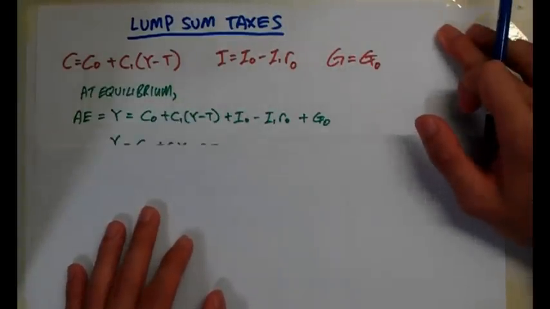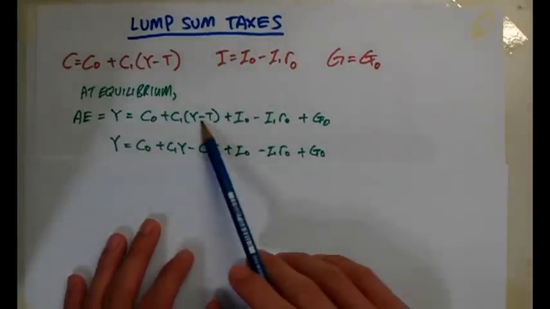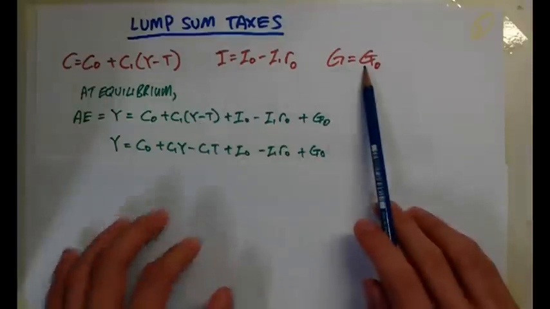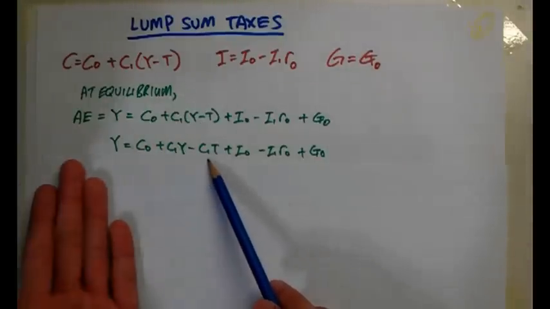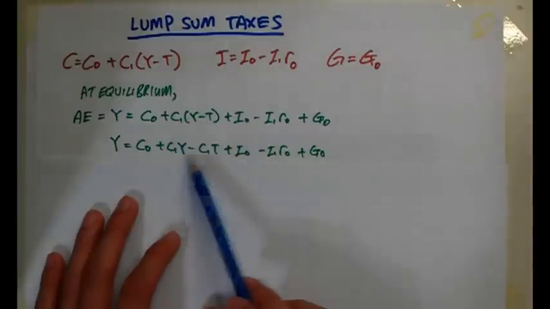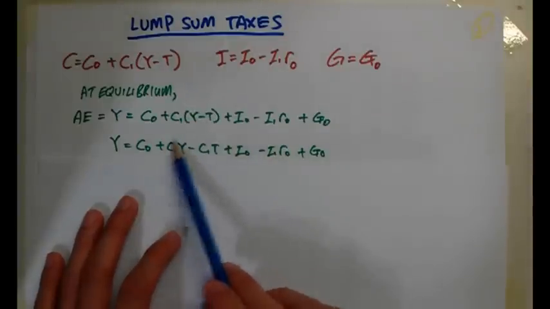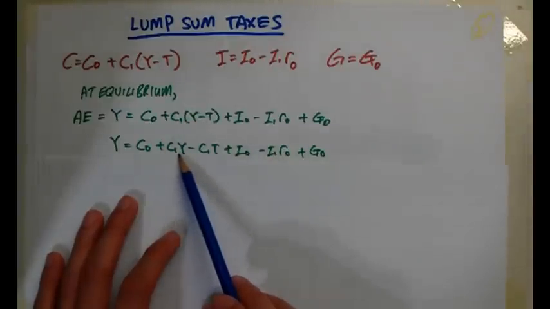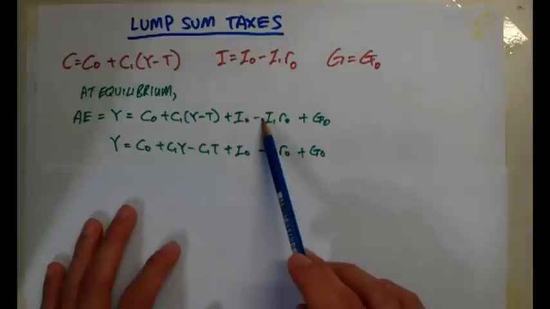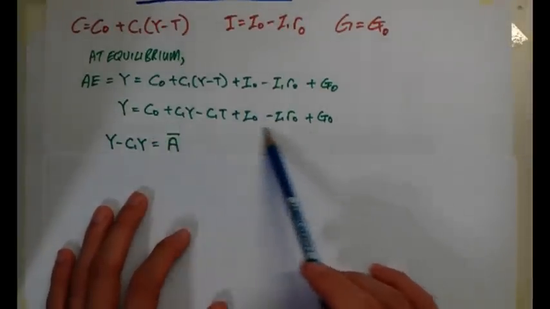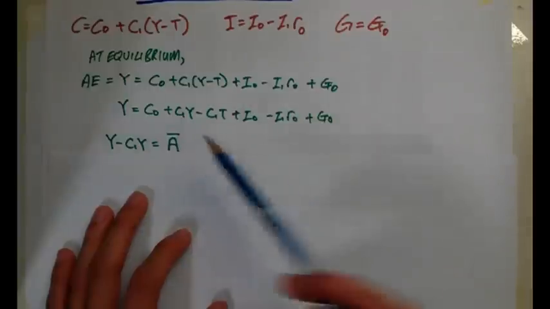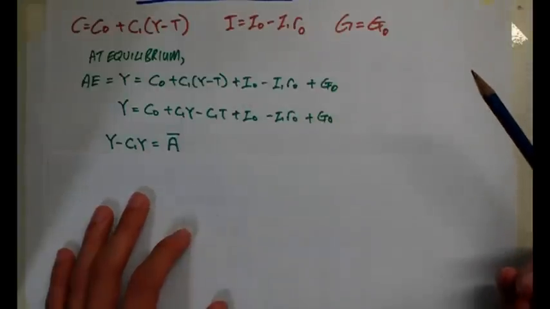So what we're going to do first is open up the brackets so that we can put all those components with the capital letter Y on the left side. I've expanded it out, and as you can see, there's only one component here with the Y inside, so I'm going to move this to this side, and I've got this. I'm going to group everything else into A bar, because that's autonomous. It's not affected by income.